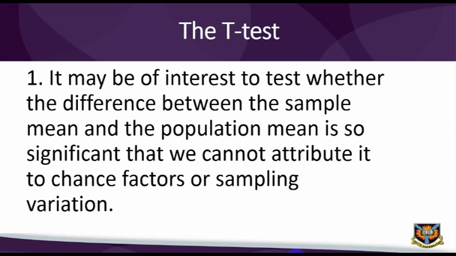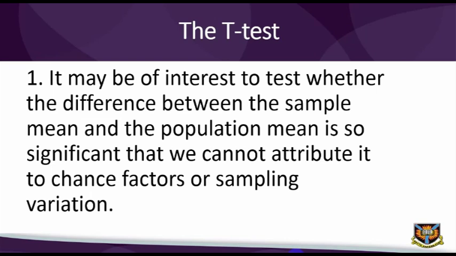It operates by computing a critical value t, or t calculated, and comparing it with a table, or t tabulated, value at a specified degree of freedom and level of significance. T calculated is computed as follows.